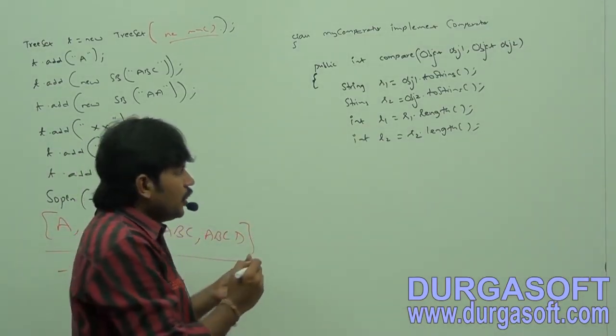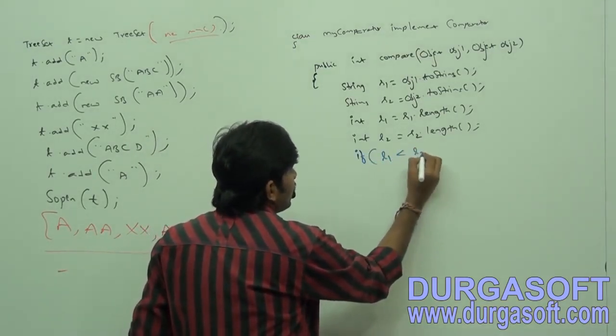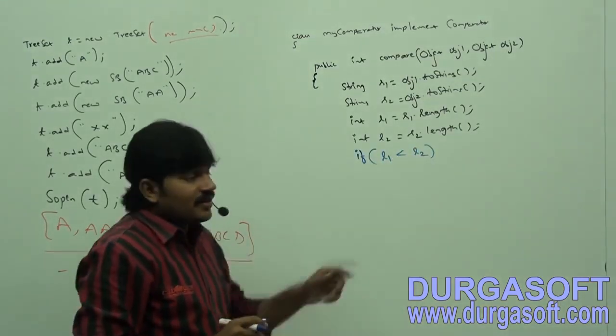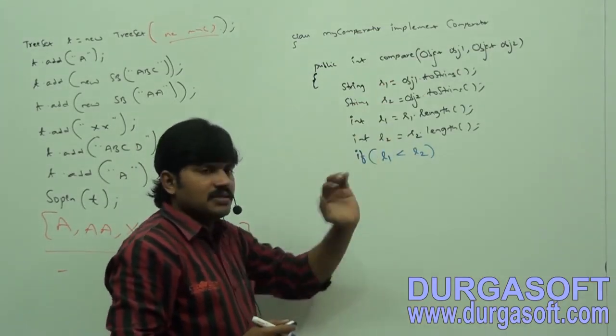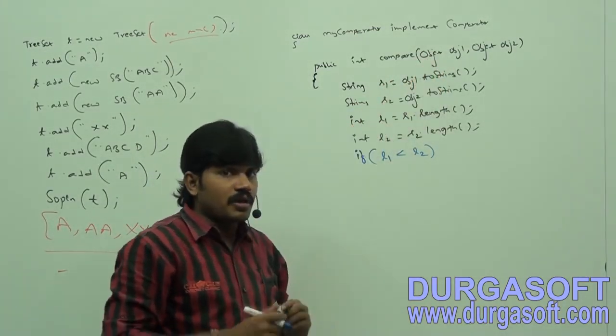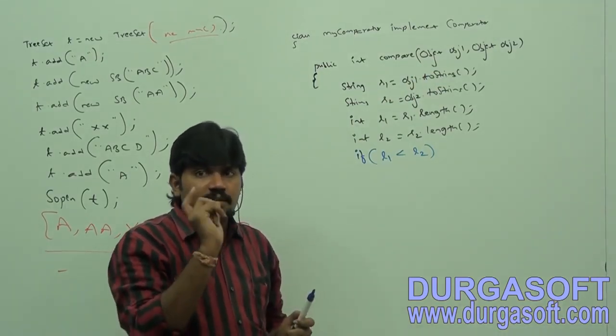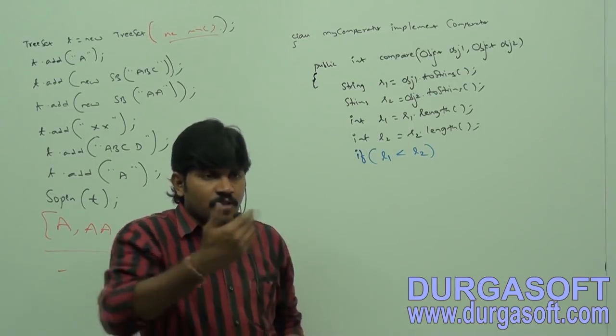Now if l1 is less than l2, here the first object length is less than the second object length. Lesser length object will come before or after? Before.